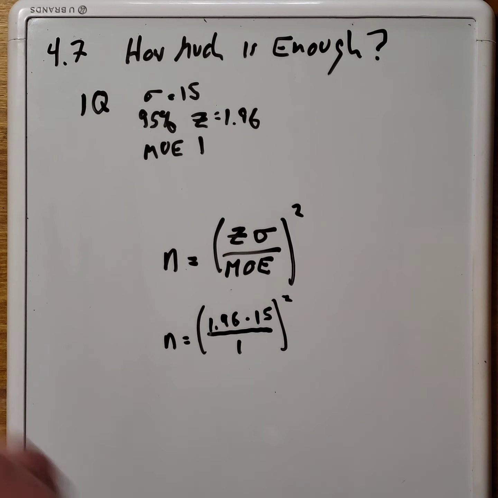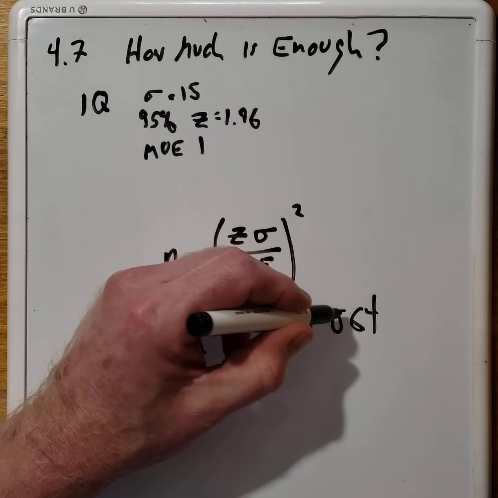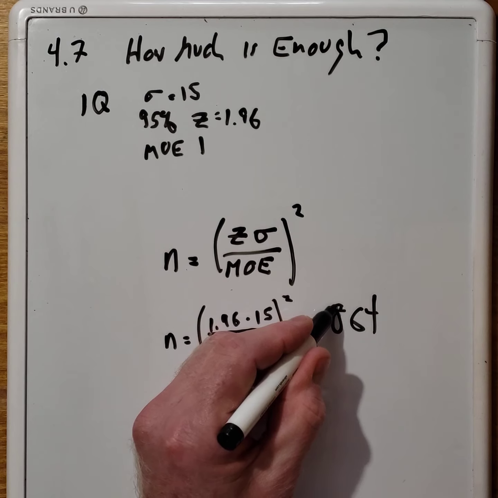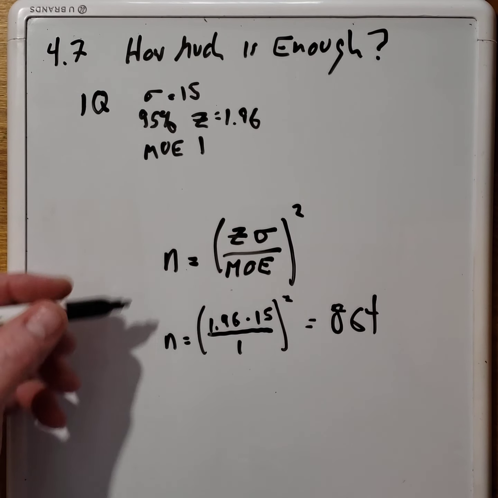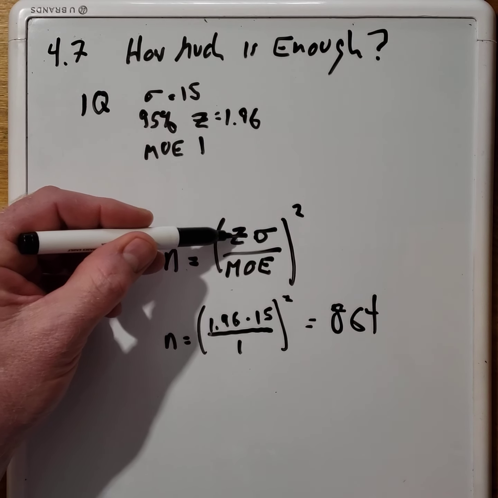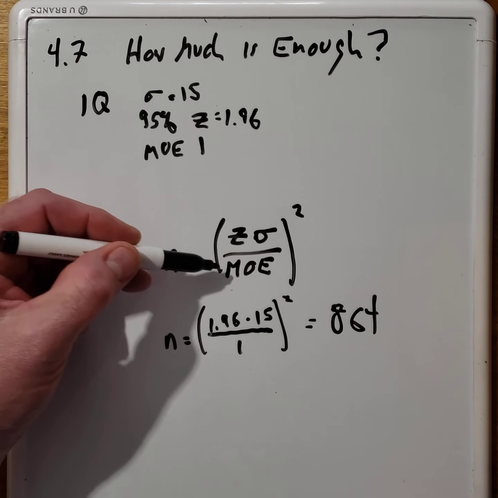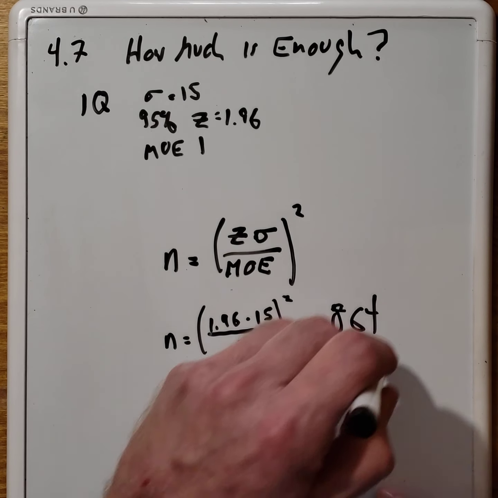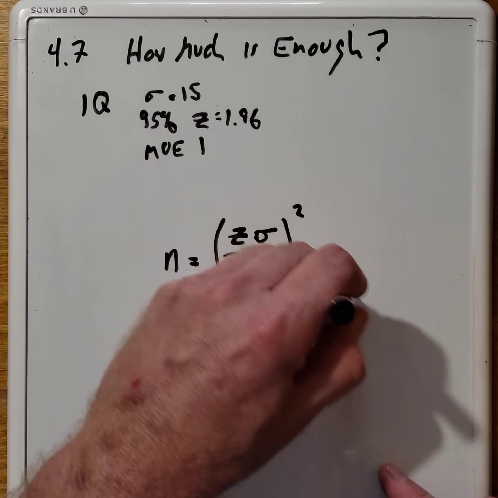That's how many we would need in order to get the results that we want there. That's really terrible, but you get the idea. If you know roughly your standard deviation, and you know what your confidence level needs to be, and you know the margin of error you want, then you can calculate how many people or how many data points you would need for that.